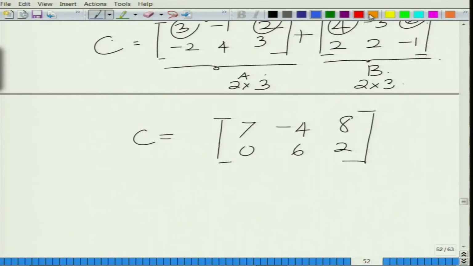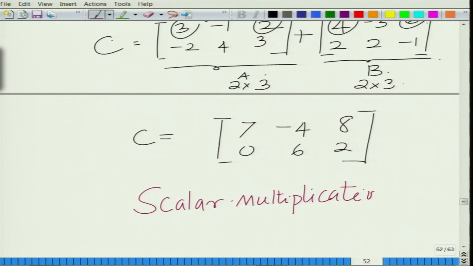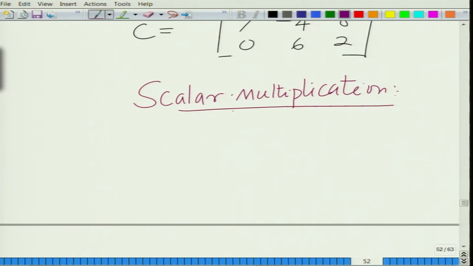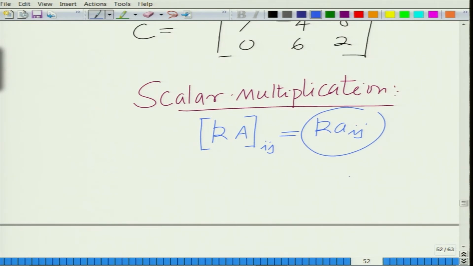Scalar multiplication, again very simple. So, you have the concept of scalar multiplication. That is similar to vectors. Once again, if you multiply a matrix A by a scalar k, essentially it means that if you look at its ijth element, that is simply k times Aij, that is take each element of the matrix multiplied by the scalar.